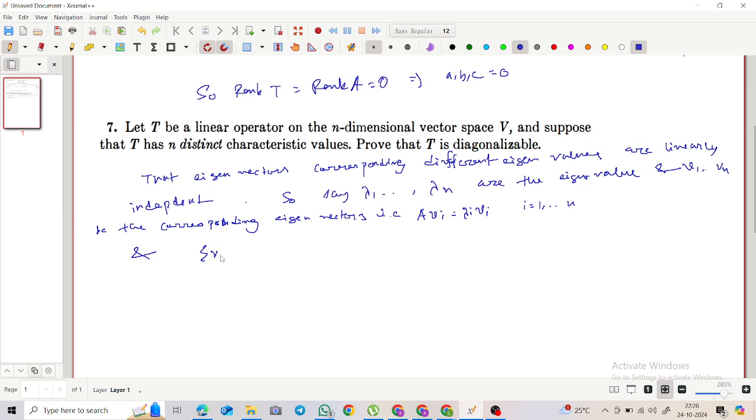And V1 to Vn are linearly independent, right?